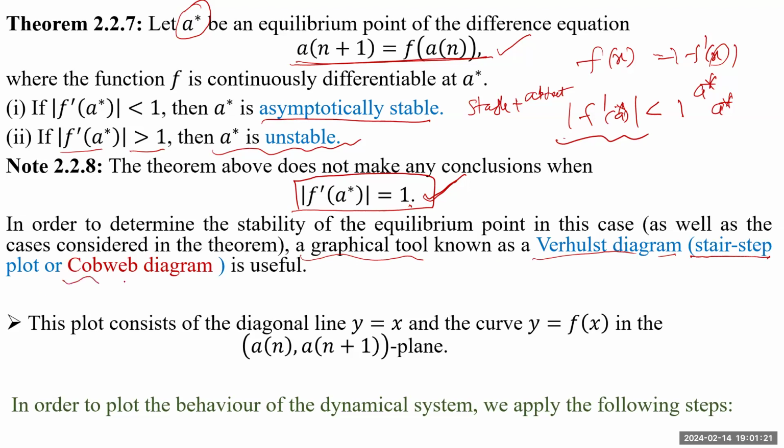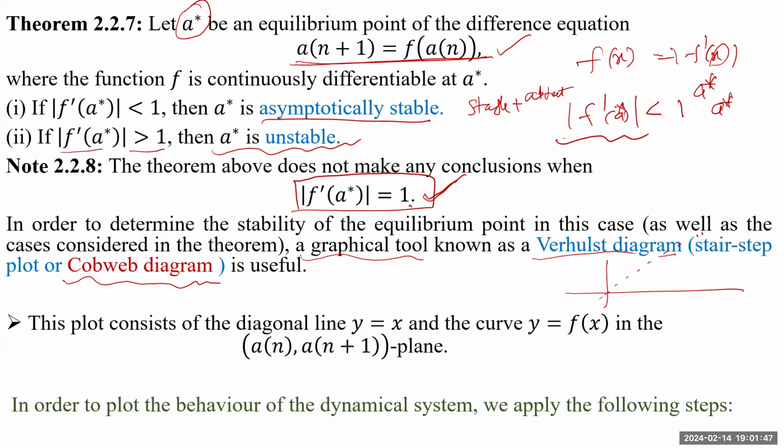Some authors call it the cobweb diagram. What is this? Just as usual, for example, this is the plot, and first we need to draw the line y equals x.